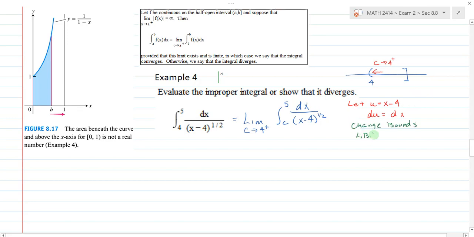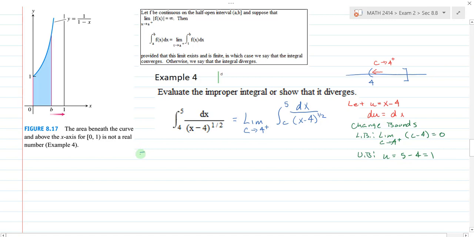Looking at the lower bound, we're going to have the limit as c approaches 4 from the right-hand side of c minus 4. Well, as we're getting closer and closer to 4 from the right-hand side, what is this going to be equal to? It's going to be 0. For our upper bound, I get u equals 5 minus 4, and that's going to be equal to 1.